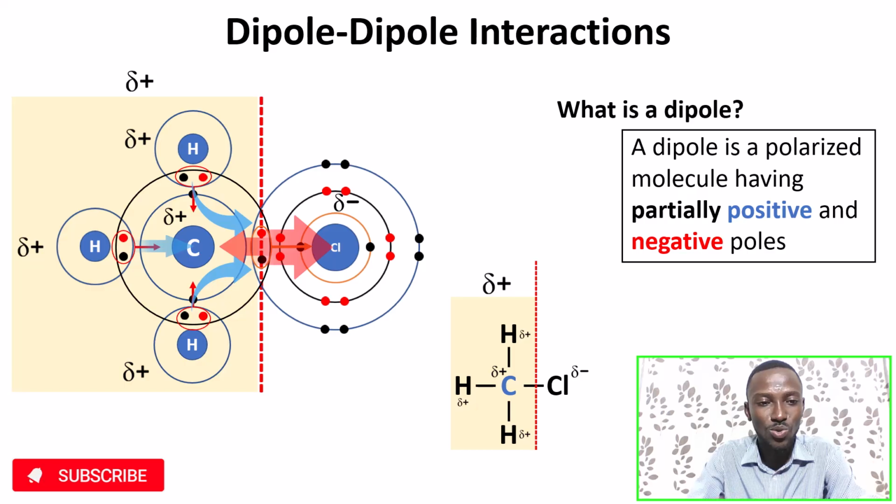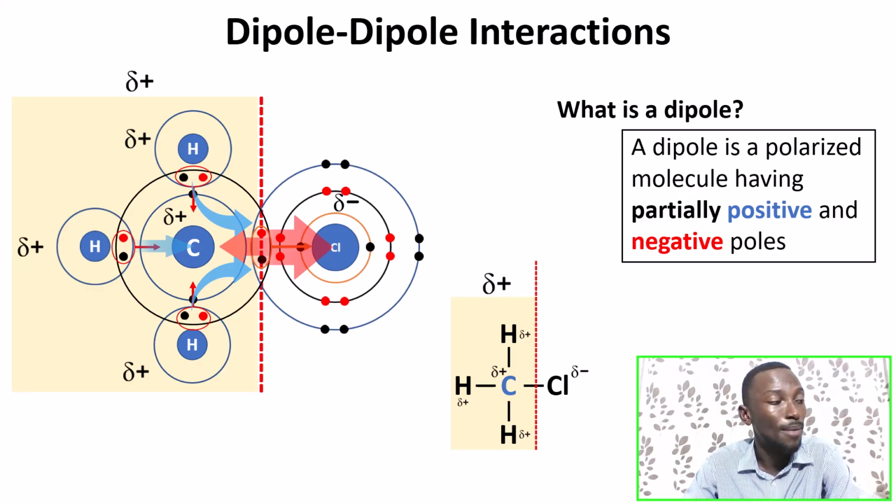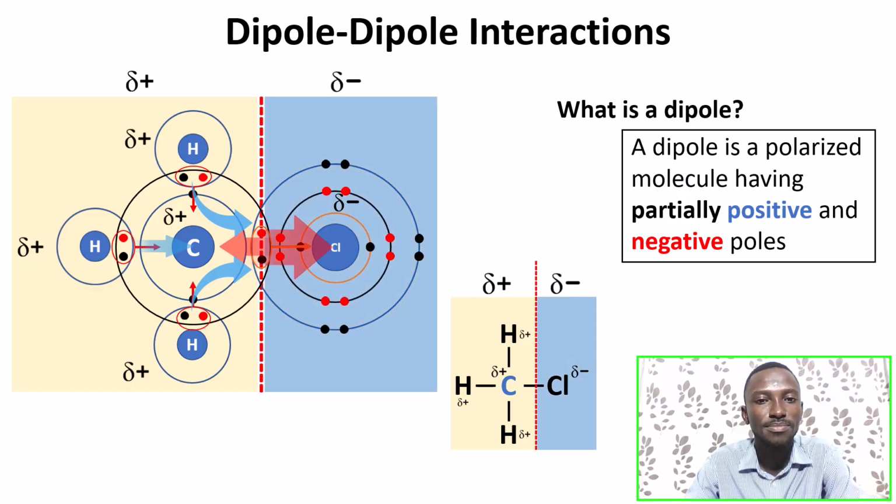Look at this. All the ones to our left are partially positive, because you can see the three hydrogens, and the carbon tends to be partially positive. So in terms of charge, all of them are partially positive. And then the chlorine is partially negative.